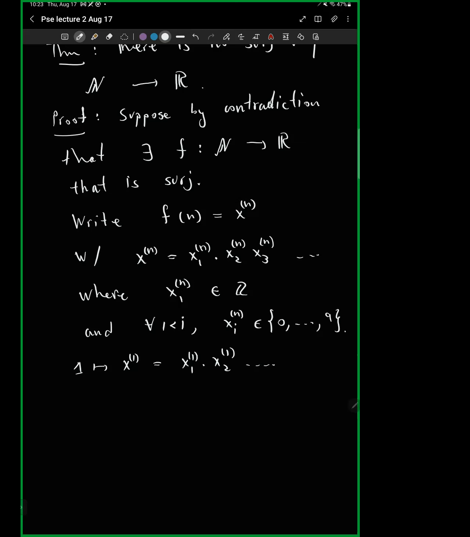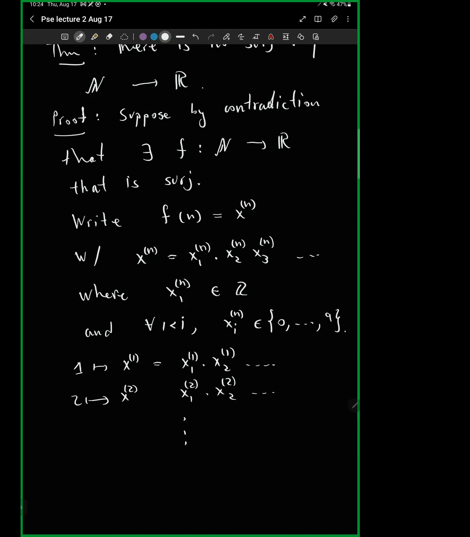In fact, we can always say it's an infinite sequence that may end in a tail of zeros. So the same goes for 2. 2 maps to x_2, which is x_12, x_22, and so on.